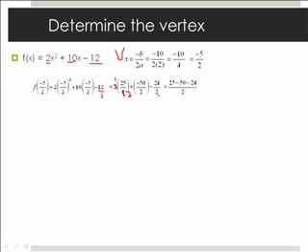So now that we have a common denominator, you can just add numerators. 25 minus 50 minus 24 gives you negative 49 halves. So the vertex is at the point negative 5 halves, negative 49 halves.